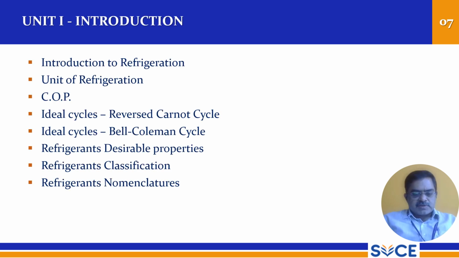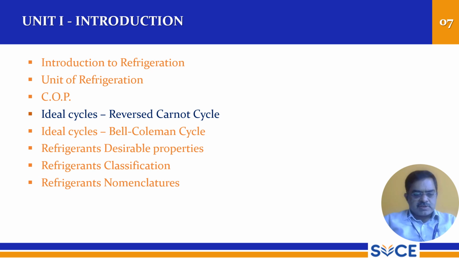So these are the topics we are seeing all through in this first unit: introduction to refrigeration, unit of refrigeration, COP, ideal cycles. We have the reversed Carnot cycle, Bell-Coleman cycle, and refrigerants, their desirable properties, classification and nomenclature. We are going to see the problems today on reversed Carnot cycle.